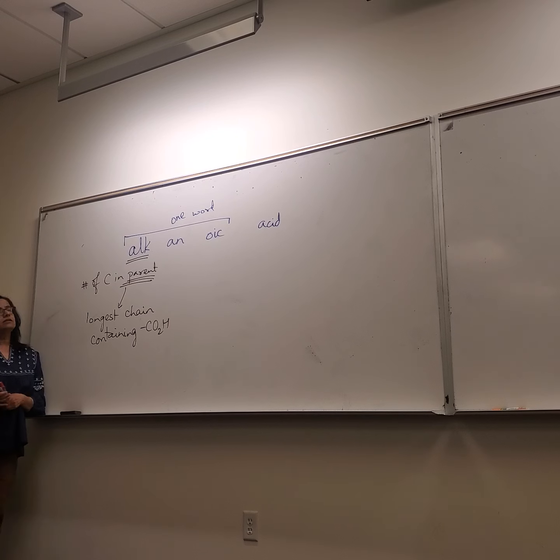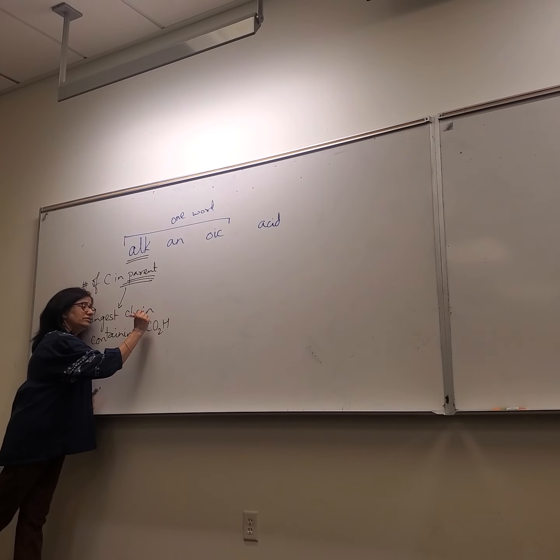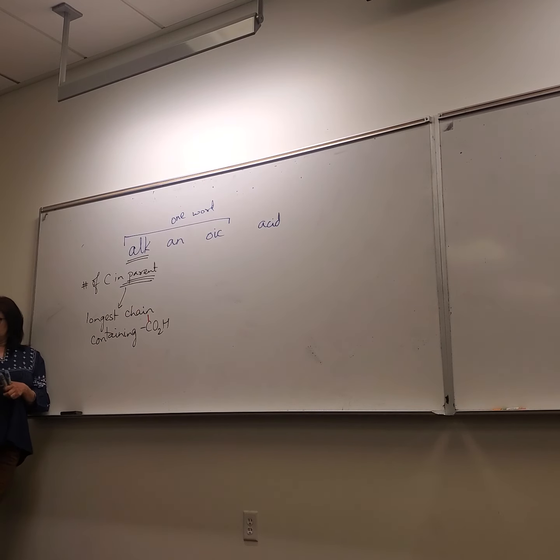Would you expect the carboxylic acid group to be in the middle of the chain or the ends of the chain? Ends. If you just look at the structure, it has to be at the end. So therefore, your numbering will always start from there. That's carbon 1. Has to. Everybody okay? And then of course you number in the longest direction.